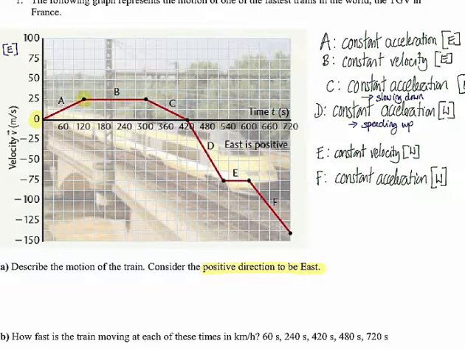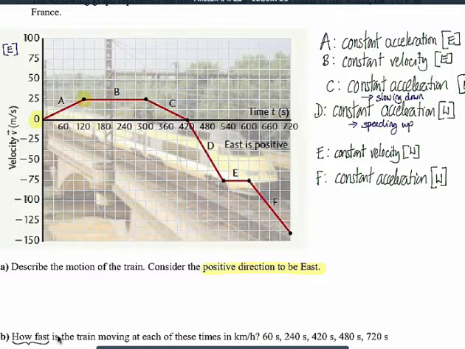And part B now is asking me to describe how fast the train is moving at each of these times. Now when we see the term how fast, it could mean speed or velocity.